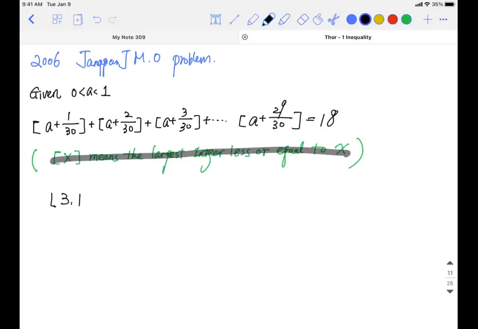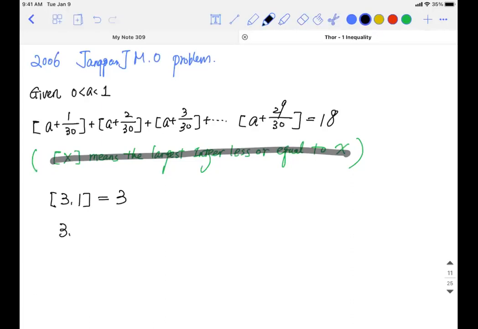3.1. The Gauss function of 3.1 means: what is the largest integer less than or equal to 3.1? What is that? Yeah, 3, right? The largest integer less than or equal to 3.1 is of course 3.